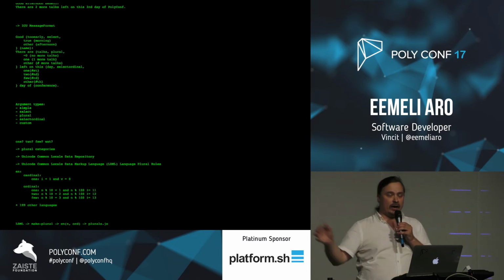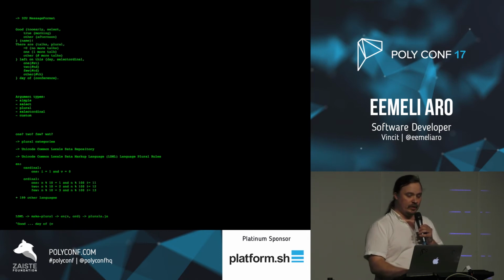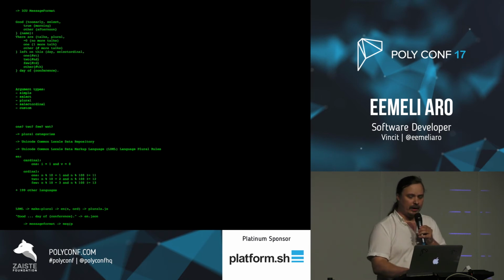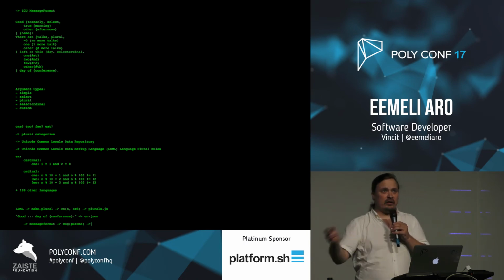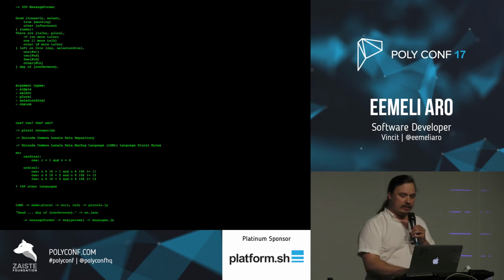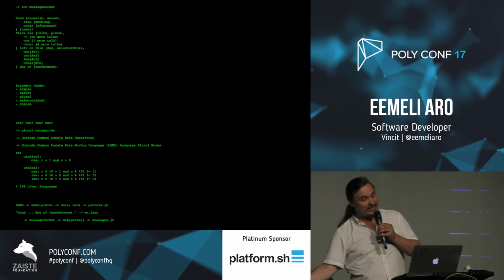You have a plurals file, and then you have your messages that you write probably into a JSON file somewhere. Then you feed both of those into message format. It's a JavaScript implementation of the message format compiler. And that gives you a message function that you can feed parameters to get the actual end string in. And that you can then store to disk.